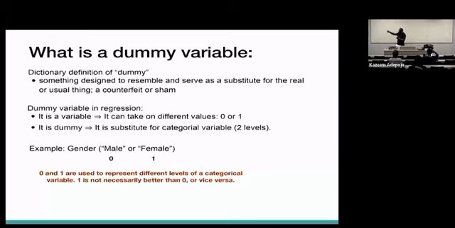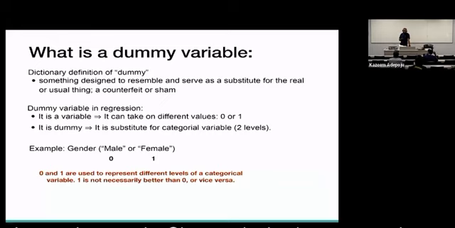So this is an example of a dummy variable. The 0 and 1 are used to represent different levels of that particular categorical variable, I mean the gender. So that is what we mean by dummy. In statistical analysis, when your predictor, I mean your independent variable, is categorical in the sense that it has two levels, just two levels.